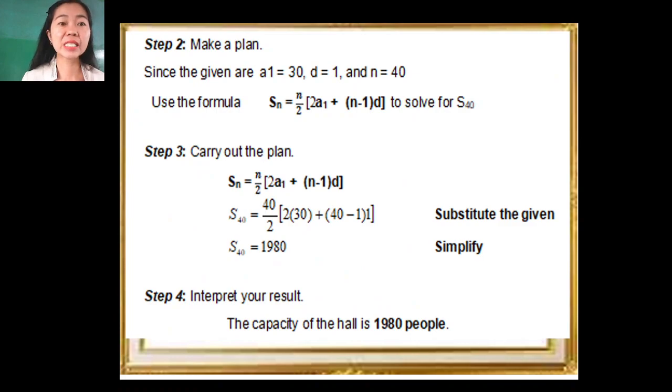Next, for step 2, making a plan, since the given are a sub 1 equals 30, common difference is 1 and the number of terms is 40, the formula that we are going to use for this arithmetic series is S sub n is equal to n over 2 times the quantity of 2a sub 1 plus the quantity of n minus 1 times d to solve for S sub 40.